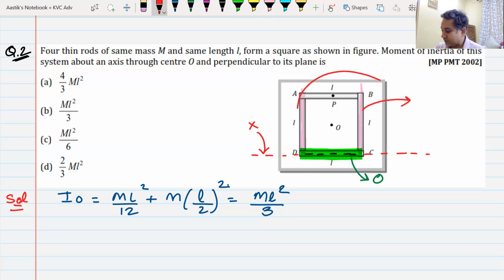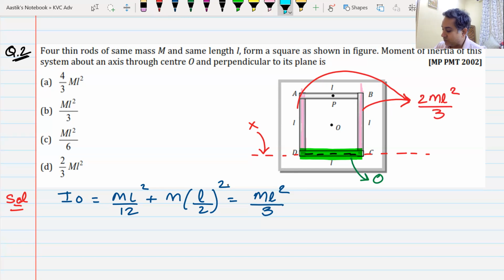This one plus this one. 2 m L square by 3, sir. 2 m L square by 3.